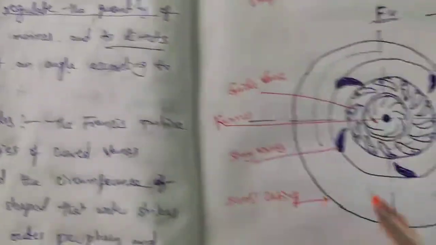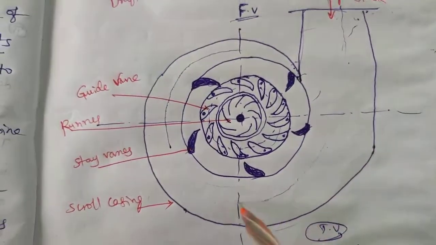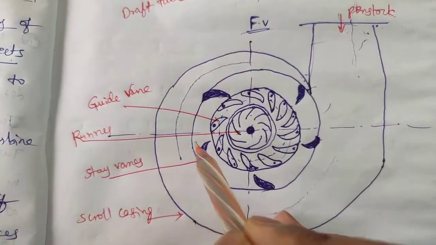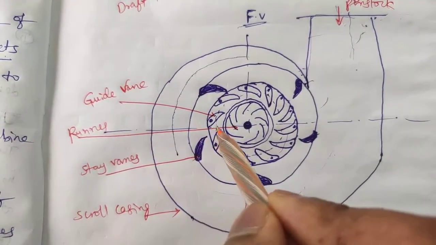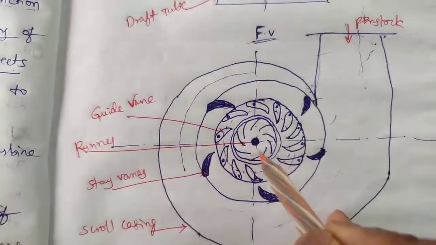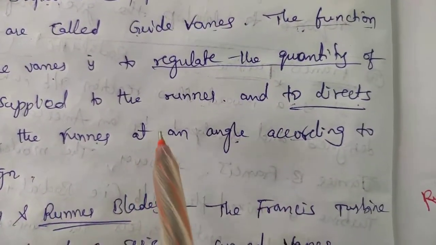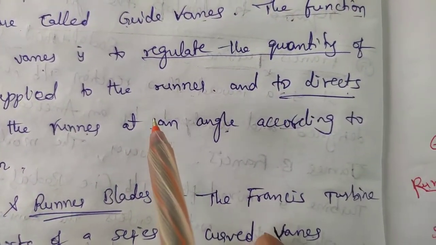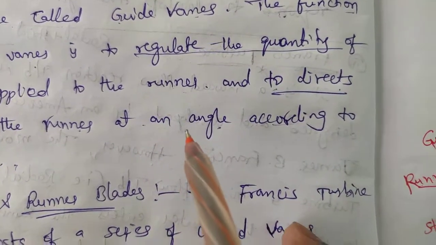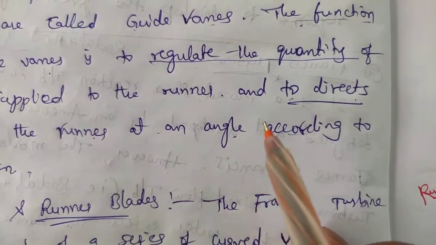So whatever water comes from the scroll casing, this water is directed towards the runner. These blades work for the purpose of directing the water.